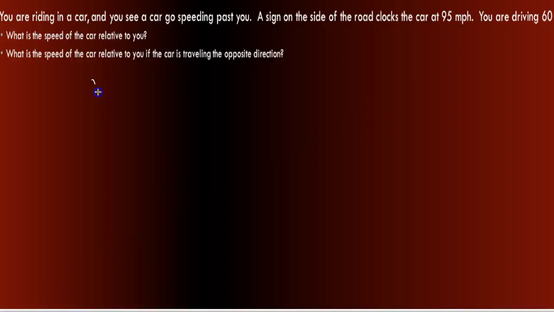So we'll say that the velocity of car A relative to the Earth, this would be the car going past, is equal to the velocity of car B relative to the Earth plus the velocity of A relative to B. We're going to call this car right here car A, and you car B. So car A has a velocity relative to the Earth of 95 miles per hour.